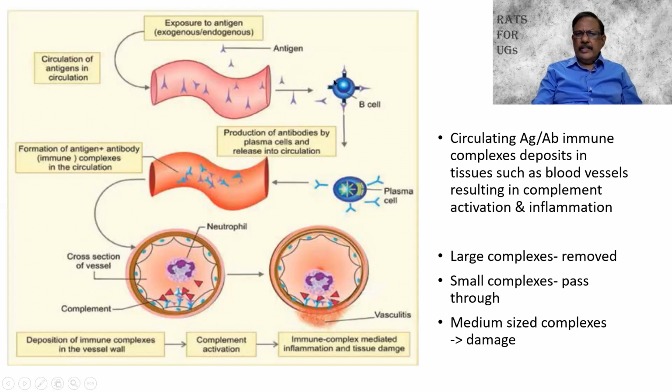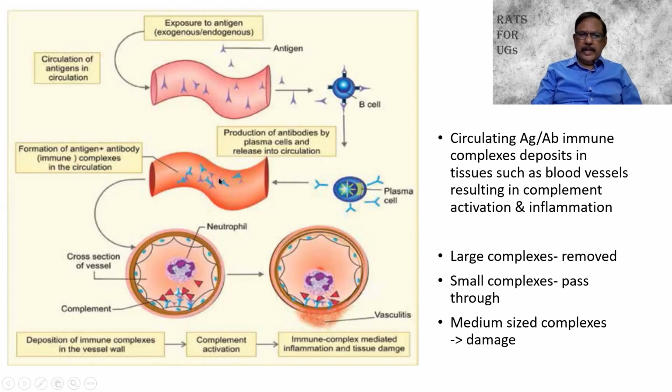This stimulates the B lymphocytes. The B lymphocytes in turn mature into plasma cells. All of us know that the plasma cells produce the specific antibody against each of the antigens. So what we are seeing here is a plasma cell which is producing the antibodies, Y-shaped structures.